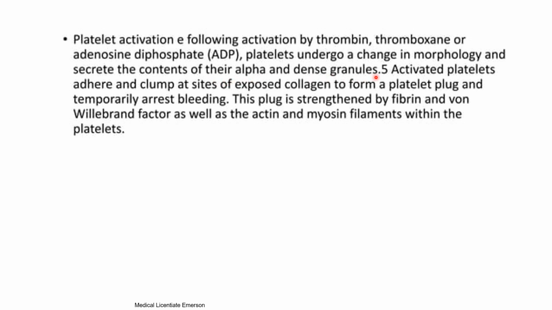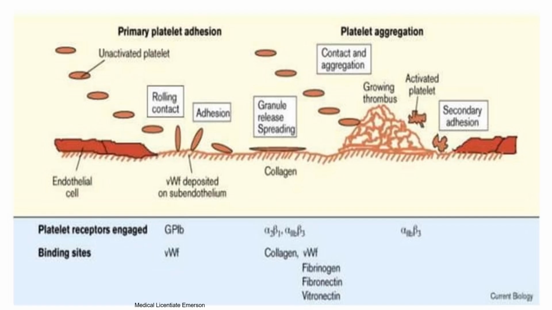Activated platelets adhere and clump at sites of exposed collagen to form a platelet plug and temporarily arrest bleeding. This plug is strengthened by fibrin and von Willebrand factor, as well as the actin and myosin filaments within the platelets. That is one of the other mechanisms.